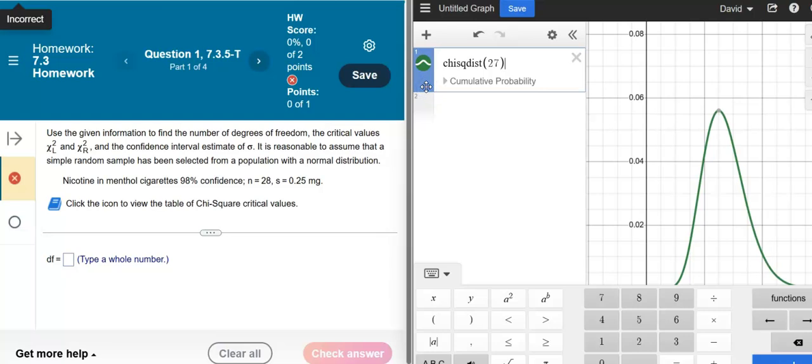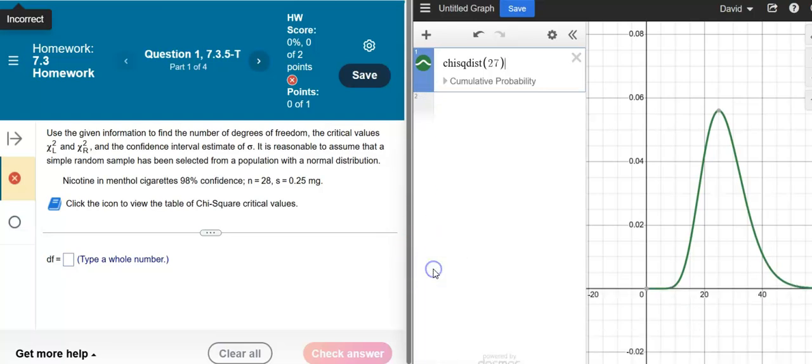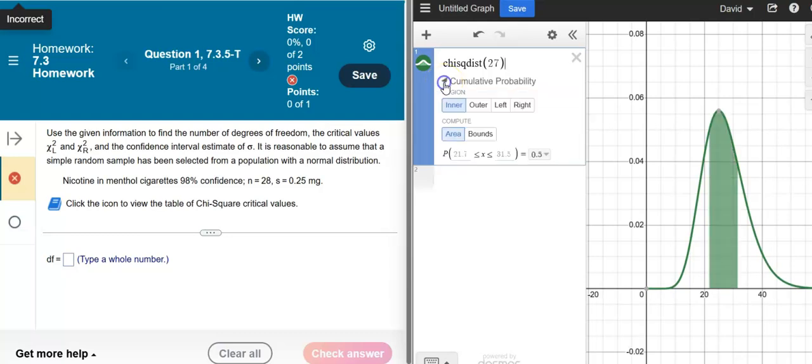You can click the little zoom icon if you choose to. Now I'm going to put in the cumulative probability. It wants to know the critical values, the lower and the left and right chi-square values. So what we want to do here is very similar to what we did before. We want to do the bounds on the inner when we're doing a confidence interval, and we want to get this percentage right.